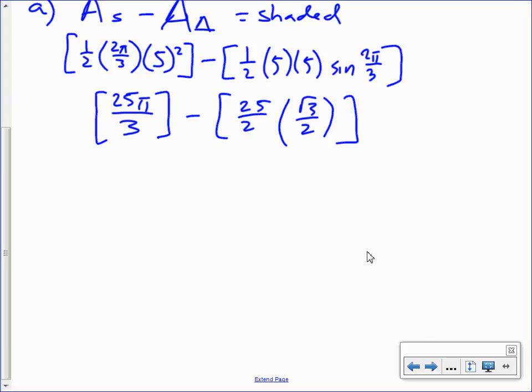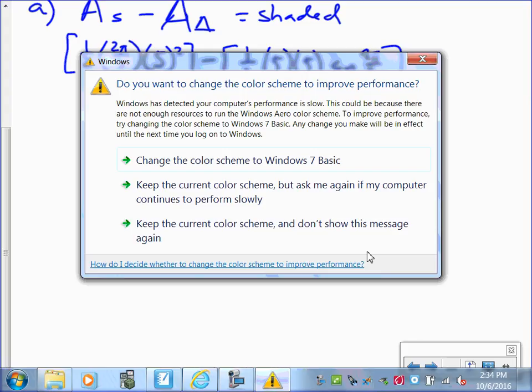Give me decimal place. 3 decimal places? Okay.